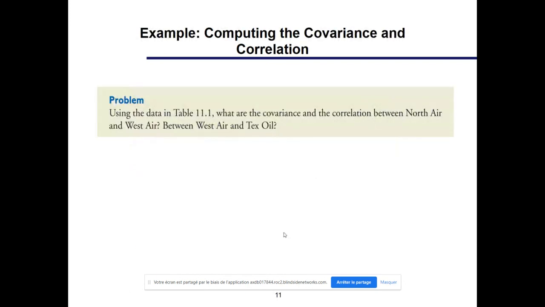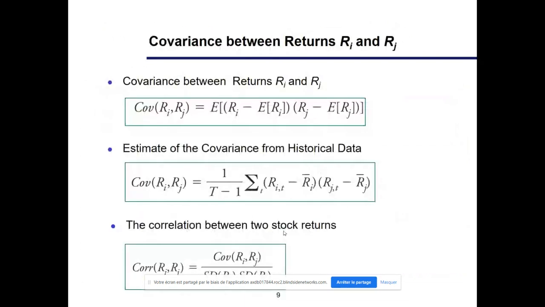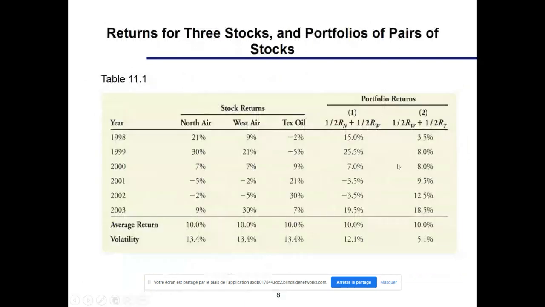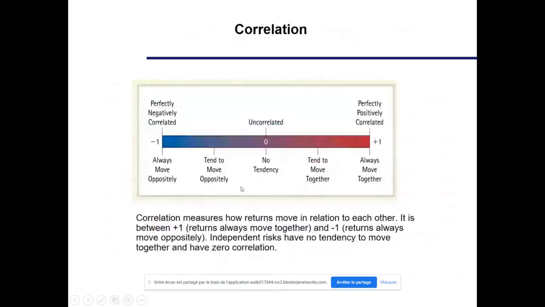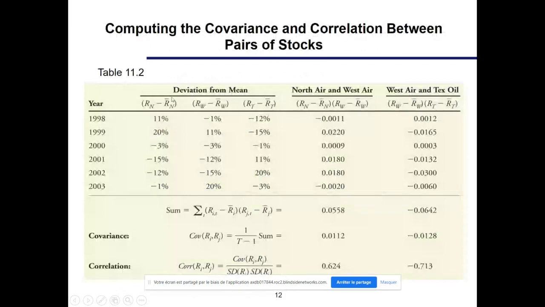Now, if I use this formula, I can calculate the deviation from the mean for the portfolio, and then I calculate the covariance and the correlation. Nothing complicated here. It's not finance. This is just your high school mathematics.